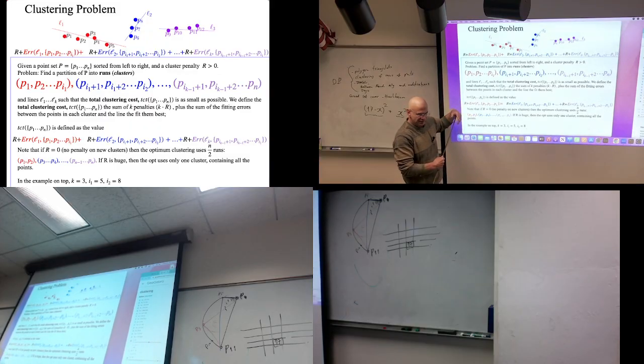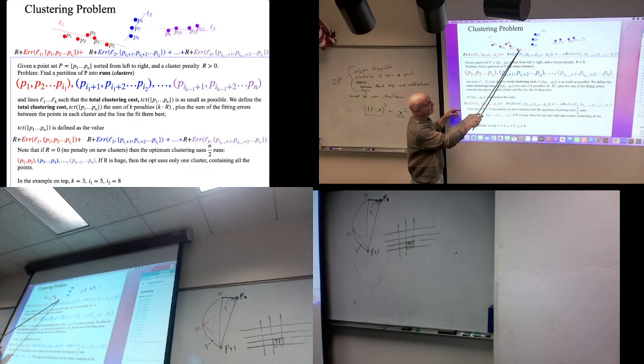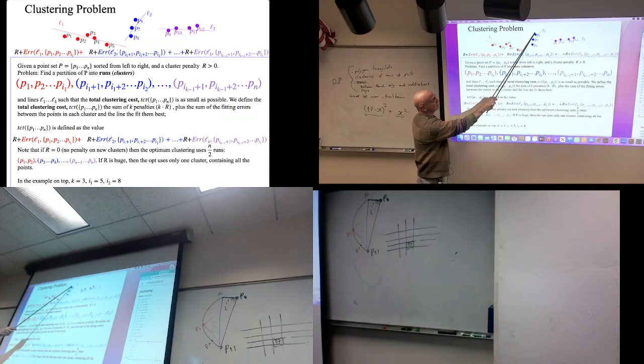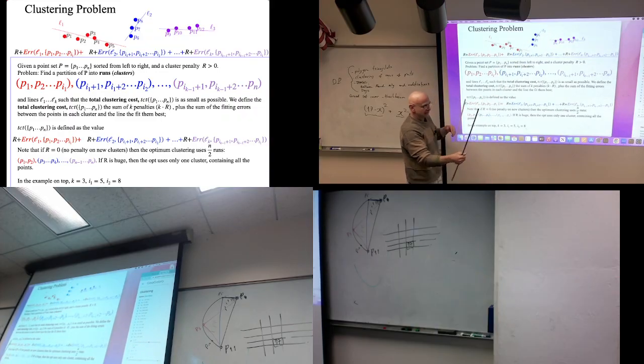In general, the larger the penalty is, R over here, I don't know why, but that's what the book picked. R will be the penalty. For each cluster, I'll add this penalty, and what is the overall cost that I'm trying to find? What I'm trying to find is clusters: start at P1, go to some other point, P5. Start at the next point, P6, all the way to P8, next cluster, and so on.